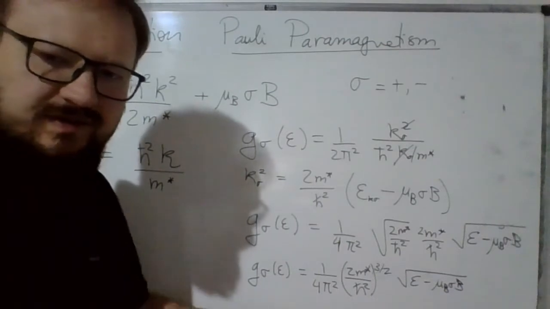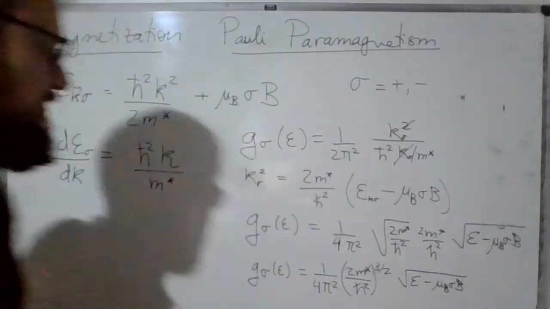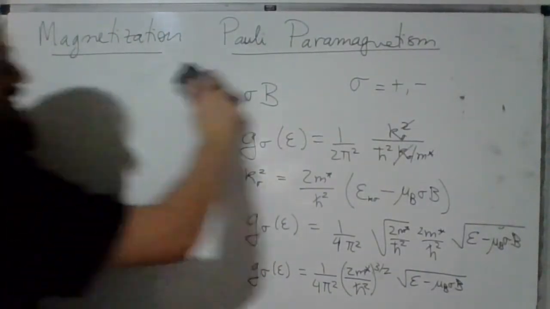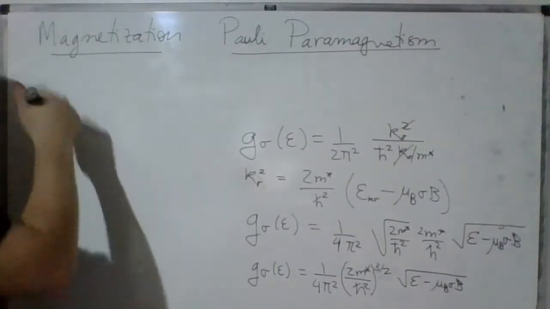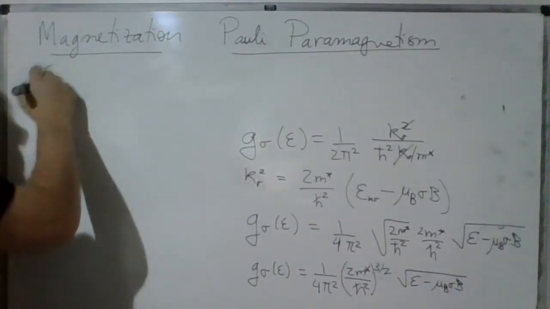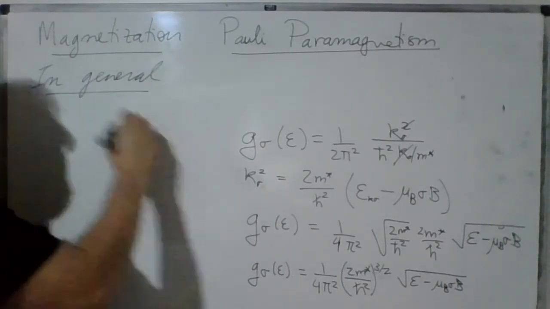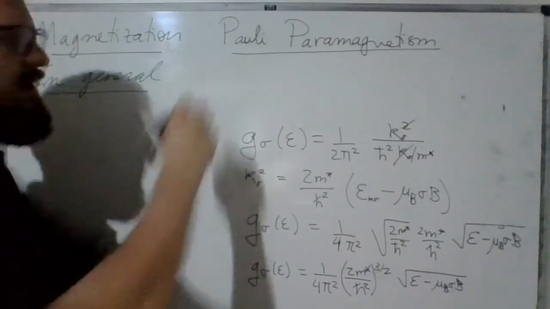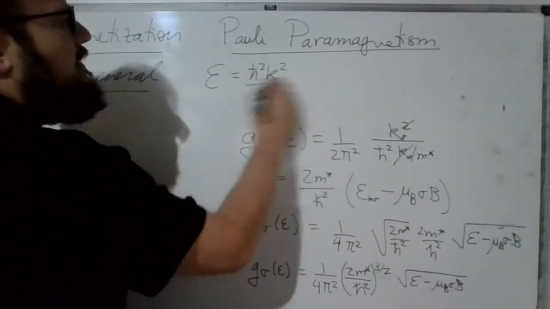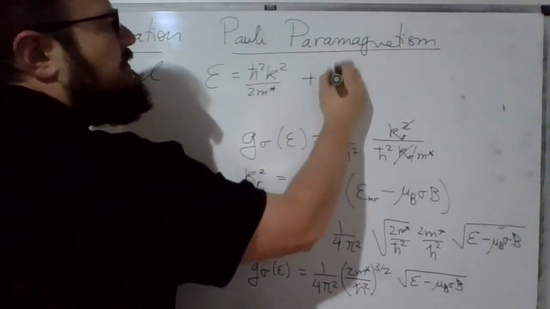All right, so this is the density of states depending on magnetic fields. And in general, a very general scenario, if you have the following: energy is equal to h bar squared k squared divided by twice the effective mass plus some delta.